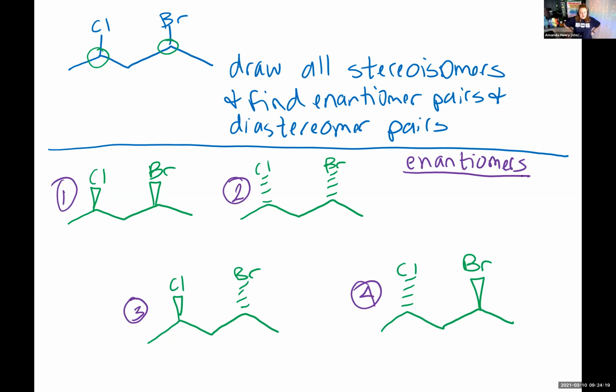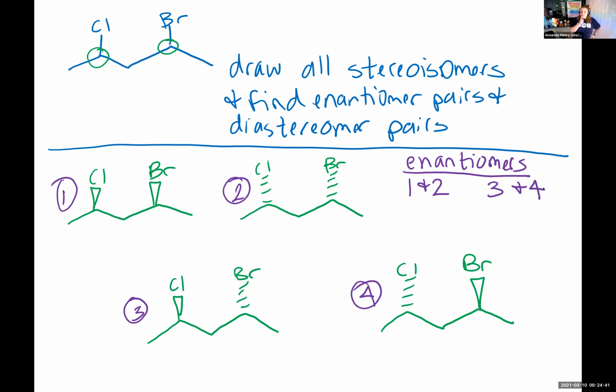So which pair of compounds are enantiomers? Which ones are complete opposites from each other, would be another way to ask that. 1 and 2. Perfect. And then 3 and 4. And that's it.